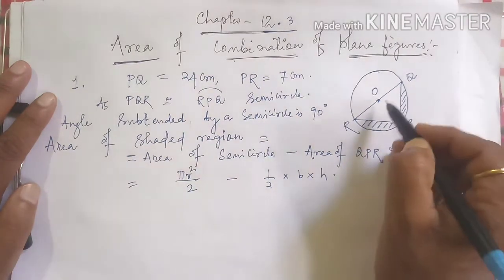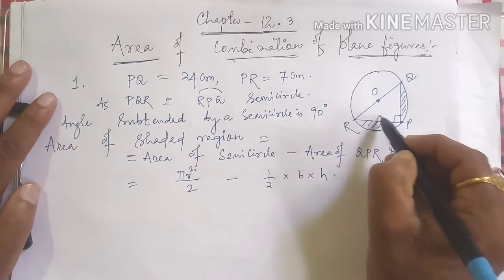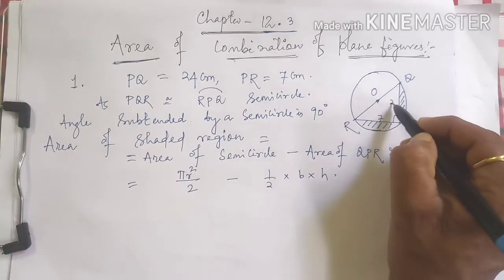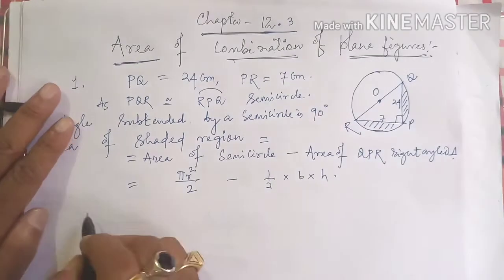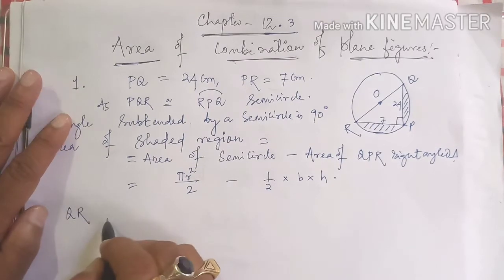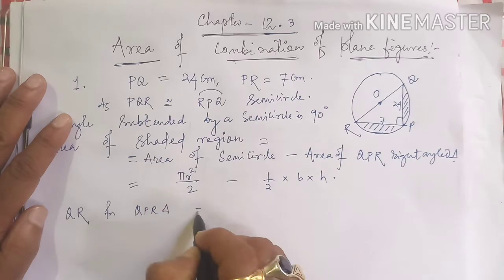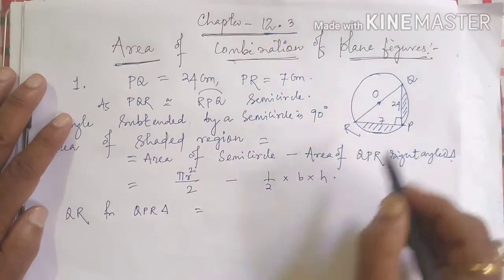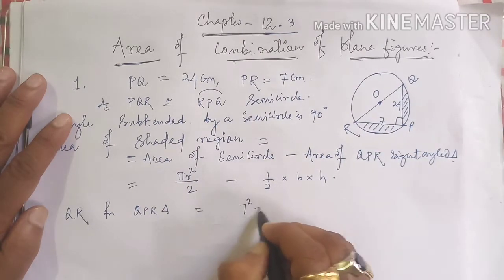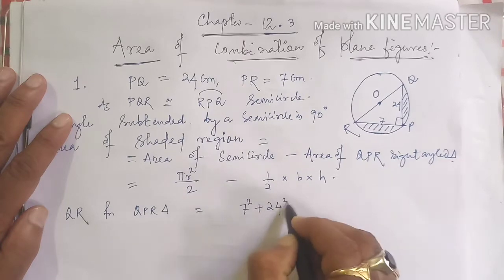Okay students, as PR is given 7 centimeter and PQ is given 24, we have to calculate the hypotenuse QR from triangle QPR, which equals the square root of PR square plus PQ square, that is root over 7 square plus 24 square.